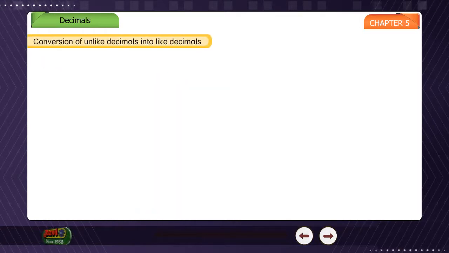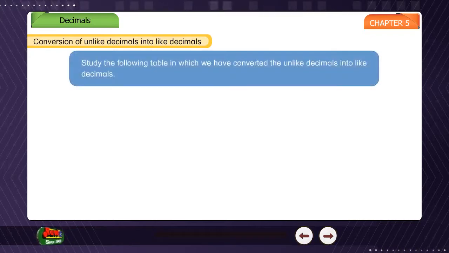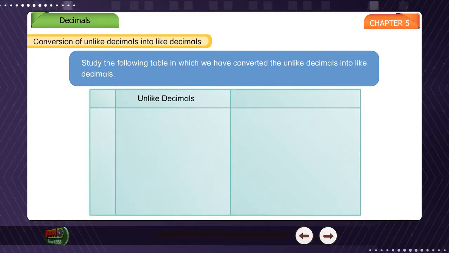Conversion of unlike decimals into like decimals. Study the following table in which we have converted the unlike decimals into like decimals. Unlike decimals.